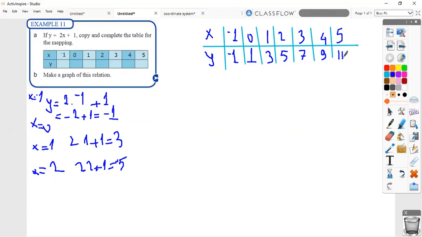With this, we copied and completed the table for the mapping, and we have the points now.